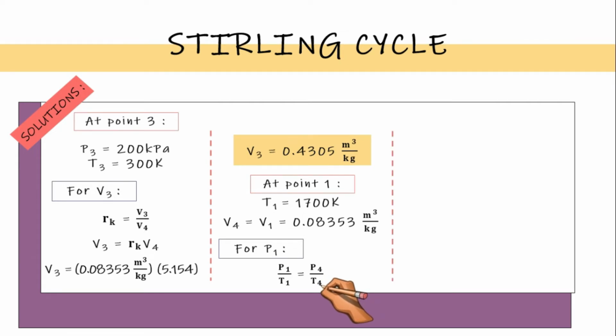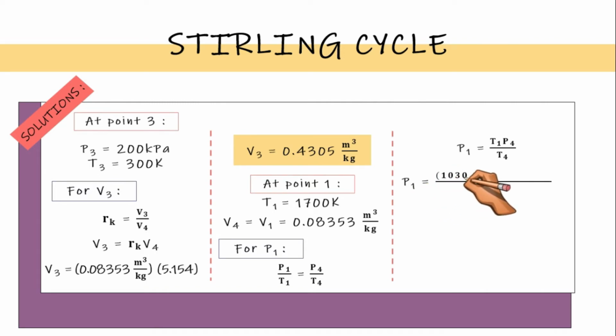The formula, right? Then, P1 is equal to T1 P4 over T4. Arrange it. Substitute. P1 is equal to 1030.8 kilopascal multiplied by 1700 Kelvin, over 300 Kelvin.